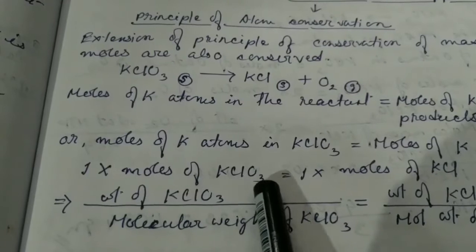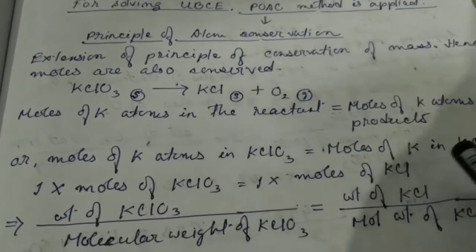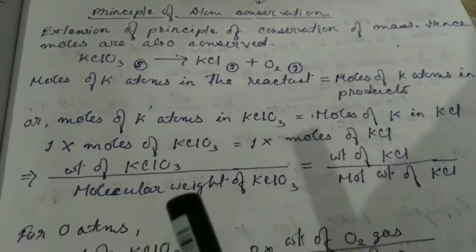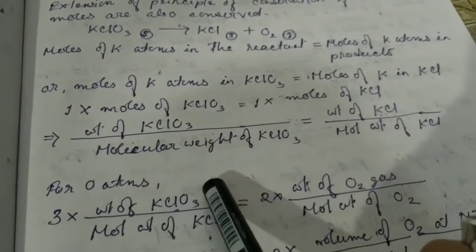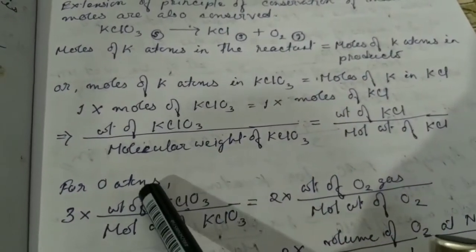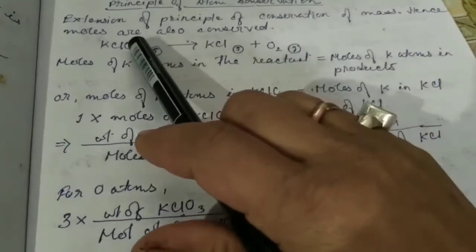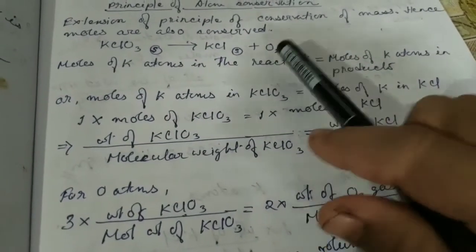So what is the mole of KClO3? Given mass divided by molecular mass, and for KCl also given mass divided by molecular mass. Again, if we apply the same POAC for oxygen atoms, then moles of KClO3 will be multiplied by its atomicity, that is 3, and in the case of oxygen, its atomicity is 2.